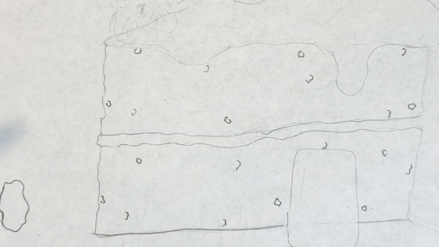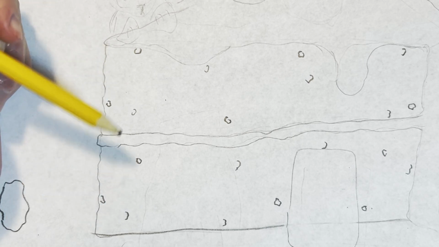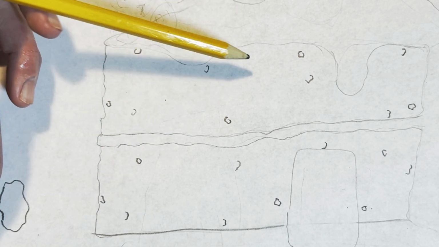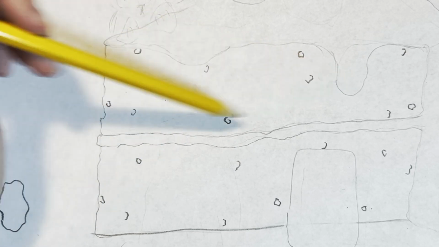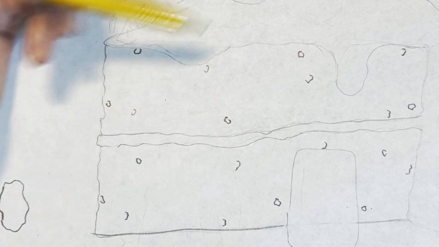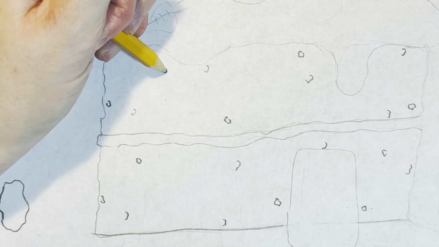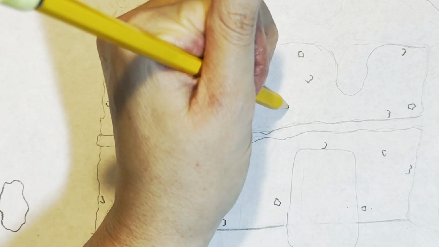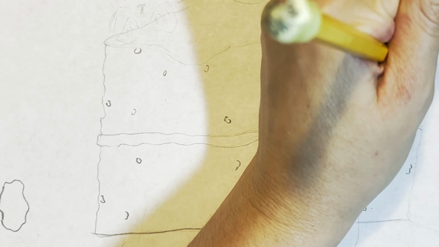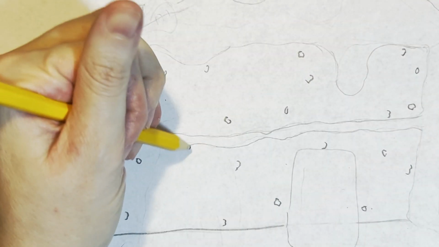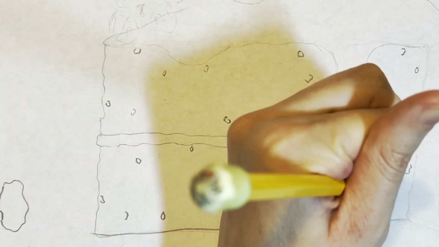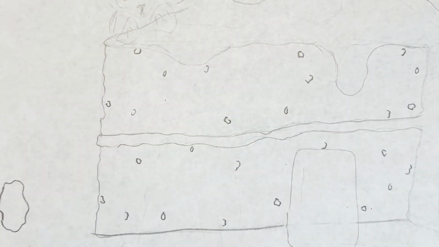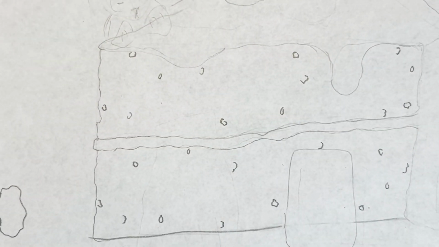And next I'm going to do ovals. Let's do like 3 ovals up here and 3 ovals down here. They're tiny little ovals. 1, 2, 3, 1, 2, 3. Now I'll just do some dots.